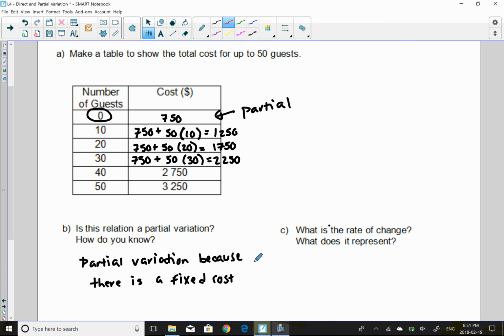Rate of change, I don't have a graph, but what I can do is pick 2 points and calculate the difference. Okay, so let's just write down the points here. I'll use the first and the last one.